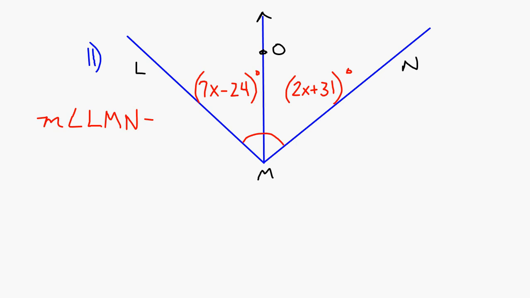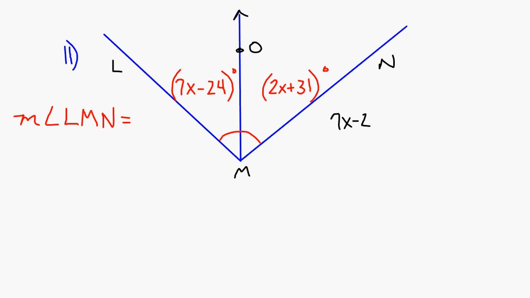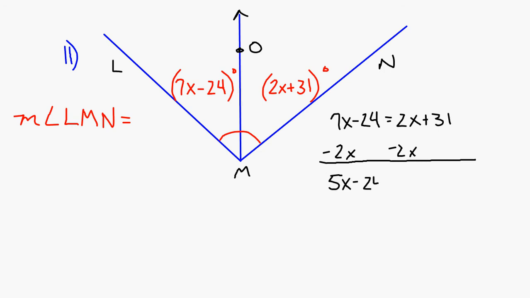So if MO is a bisector, then doesn't 7x minus 24 equal 2x plus 31? Subtract 2x from each side. And 5x minus 24 equals 31.